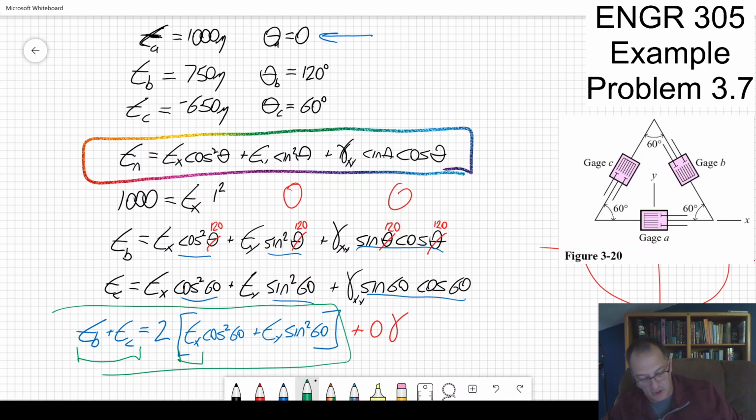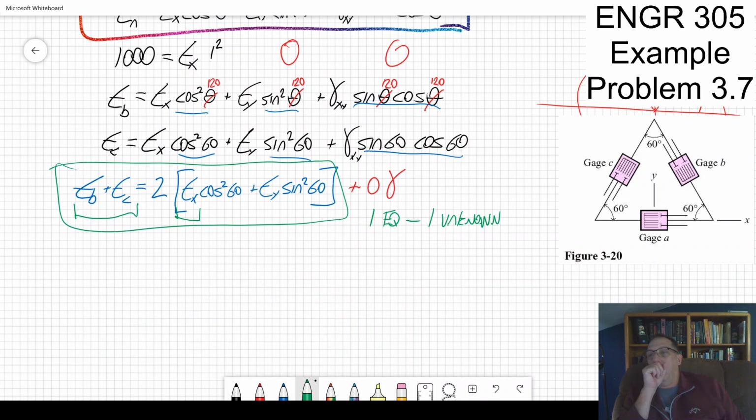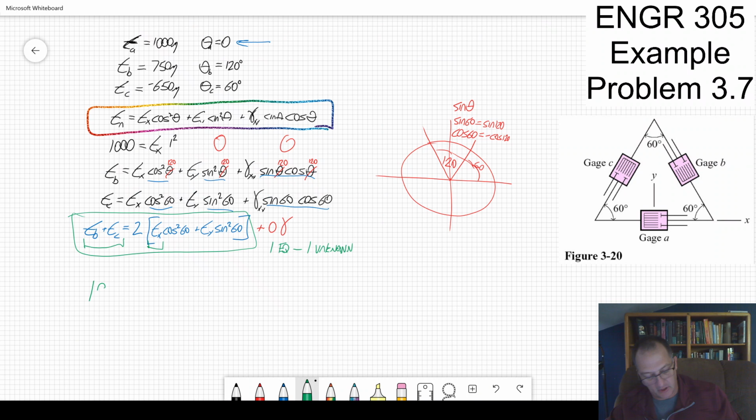And that makes that straightforward to solve. So I go back, I have to shrink this a little bit so I can see the top of the page at the same time. EB plus EC is going to give me a value of 100. 100 is equal to 2 times cosine of 60, which is equal to a half.